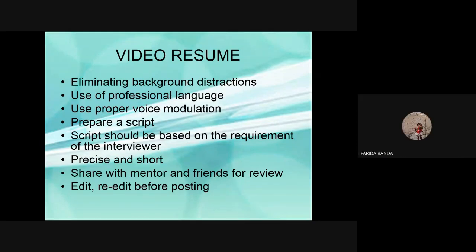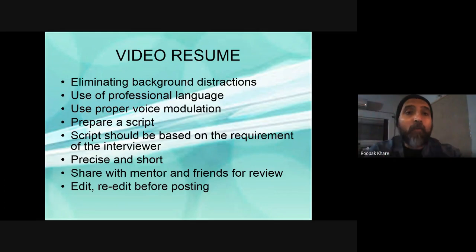Okay. So what is it that constitutes a video resume? First is eliminating background distractions. Whenever you make a video resume, always keep in mind that when you are on screen, or when there's some information present on screen, no distractions should be a part of the screen.